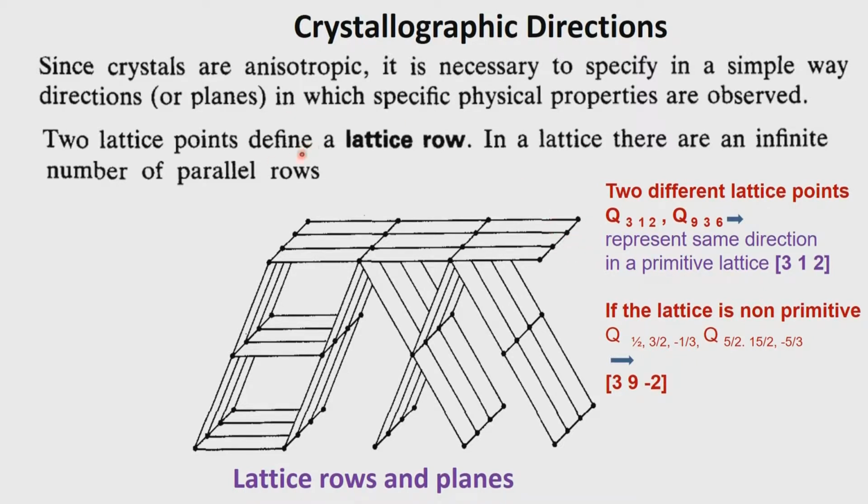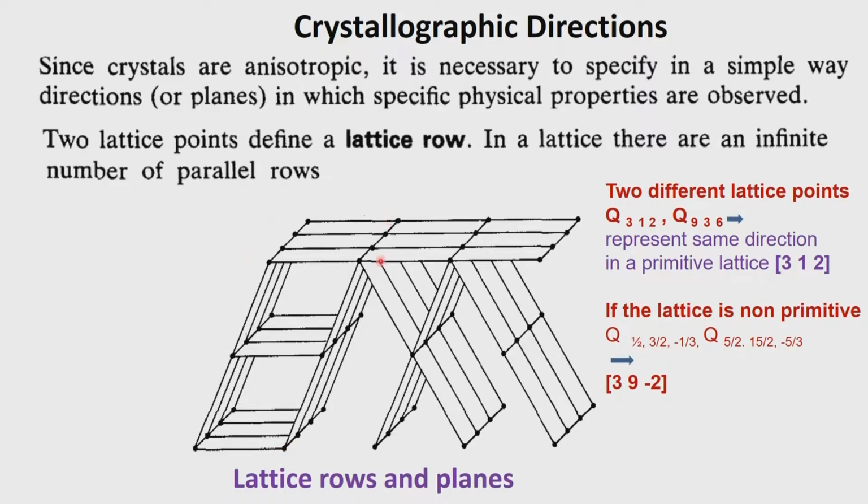Suppose I define this as the origin and take this as 1, 2, 3, that will be a 3 position, and then I have a 1 in the direction perpendicular to that. So, I can take this and that as 3, 1. Now, if I want to represent a direction which is perpendicular to that, I can take this direction. So, for example, the point here can be represented in terms of the origin here as 1 along this direction, 2 along that direction, and 0 along the third direction.